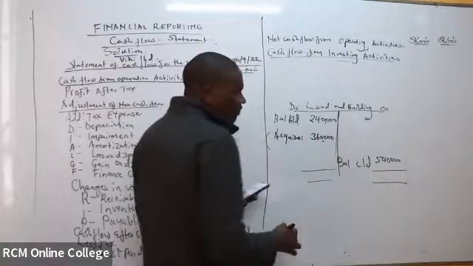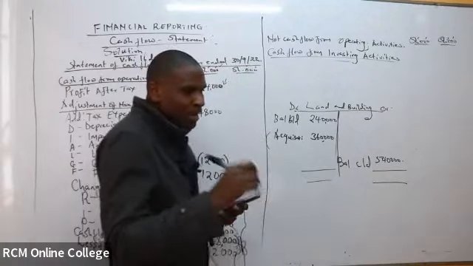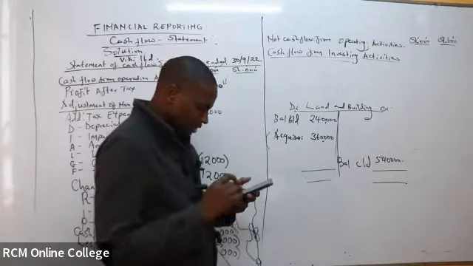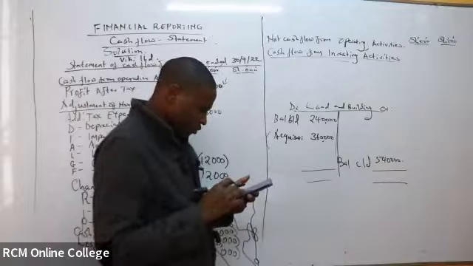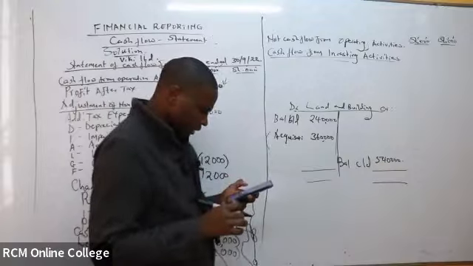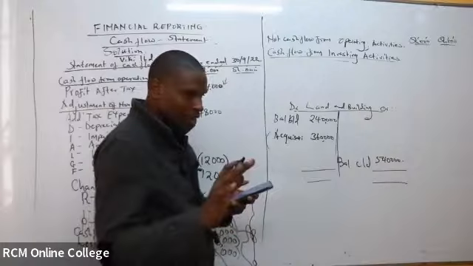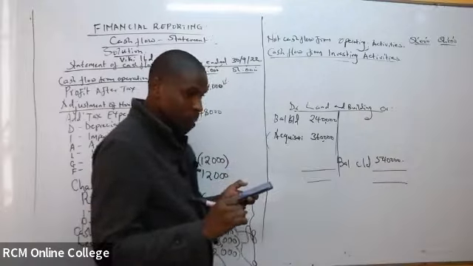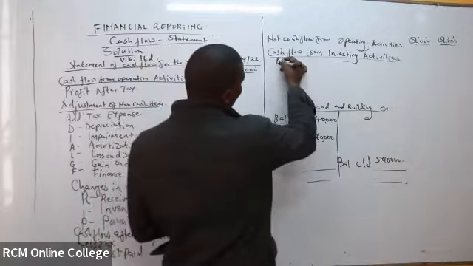360,000. Any other information related to land and building, class? Just check from the question. In fact, here I have the acquisition, which we say is 360,000. I have finished that. Any other information related to land and building?